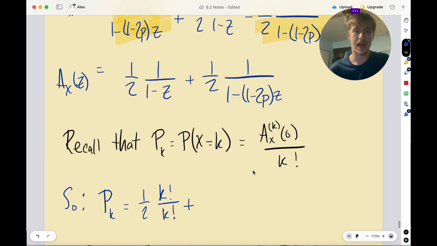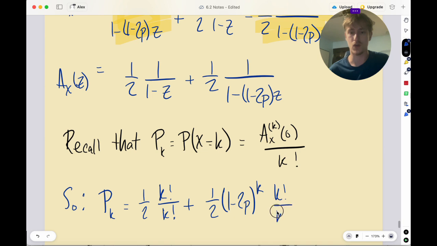Plus, and then you'll still have this 1/2. But this time when you take the derivative, it's the same thing, but chain rule, right? So that's going to cause this to pick up a 1 minus 2p to the k, whatever that is, and then times k factorial divided by k factorial.